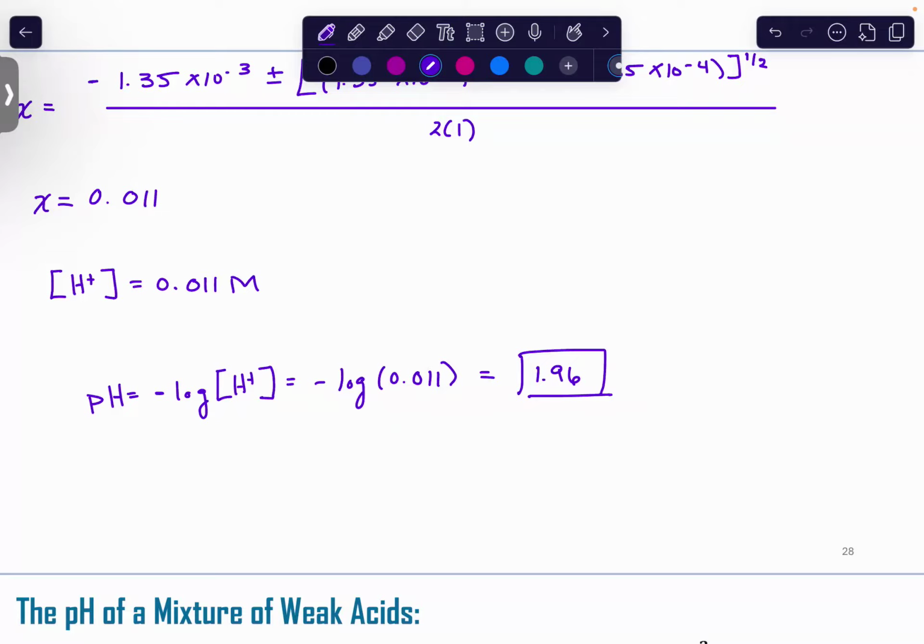Okay, so this was a single weak acid. What about a mixture of weak acids?